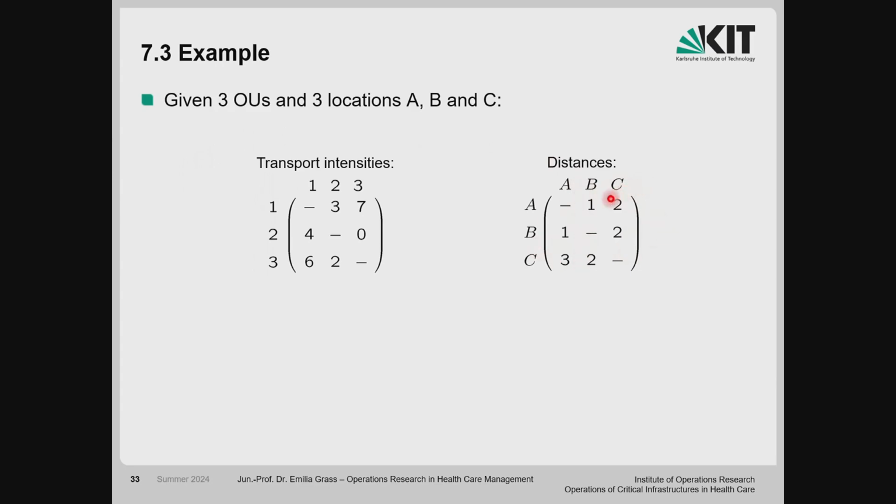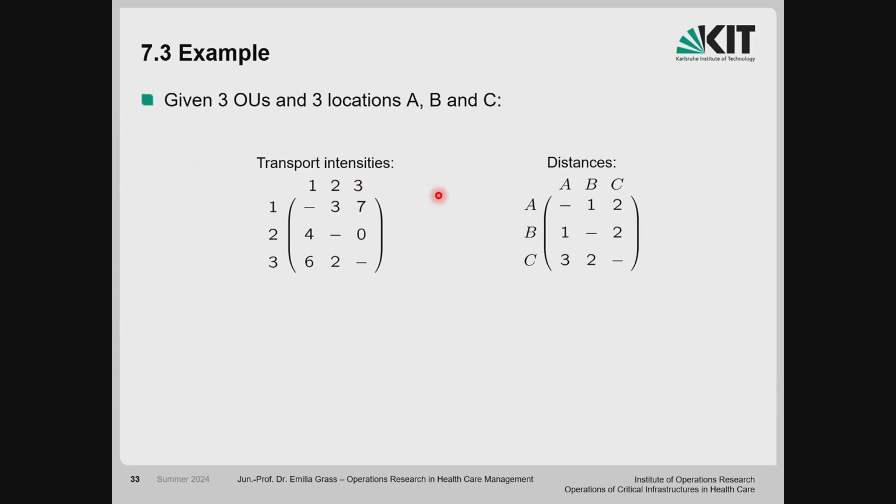Okay. And of course you have here in this matrix a symmetric one. No, it's not. I just wanted to say that it's not always possible to have a symmetric one. You could have one, but it's not necessarily the case, because we talked about stairs, lifts, and so on, if it's not on the same floor. But still on the diagonal you don't have any distances within the same room, and also no transport intensity within the same organizational unit.